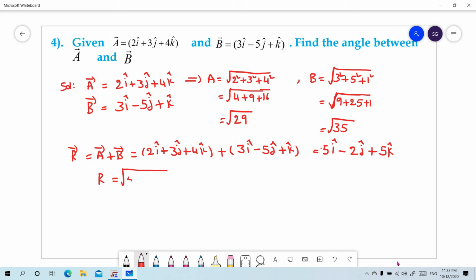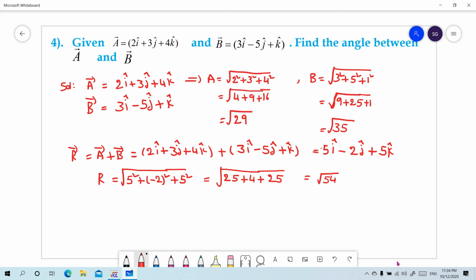So we have to find the magnitude of r bar, that is r. R is equal to root of ax square plus ay square plus az square, the formula. That is root of 5 square plus minus 2 whole square plus 5 square. That equals root of 25 plus 4 plus 25.